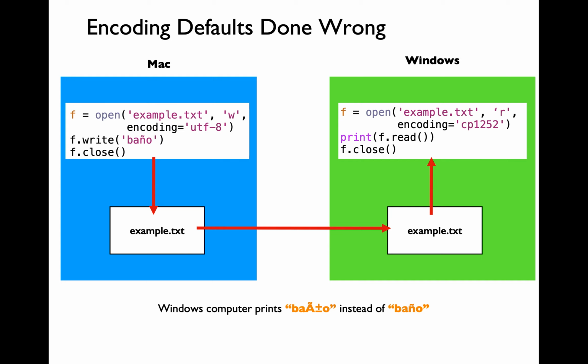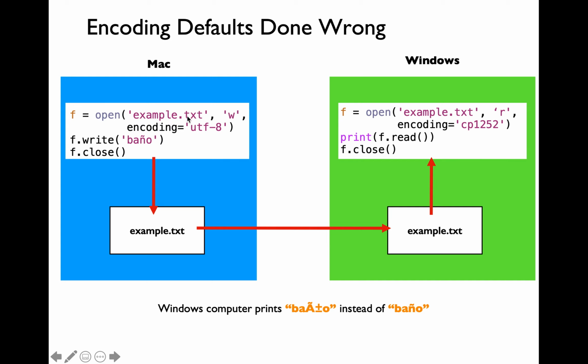Let me go through an example over here. Let's say that I'm creating a file called example.txt on a Mac. I am going to add one more parameter to my open function, which is the encoding parameter. We have used this parameter while dealing with CSV files and JSON files.